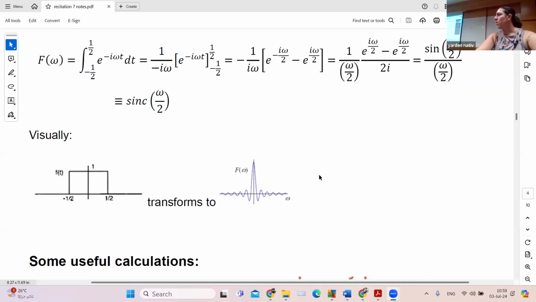Yes. We could just, then I couldn't use this relation over here. So this is why I took it back to the minus half.